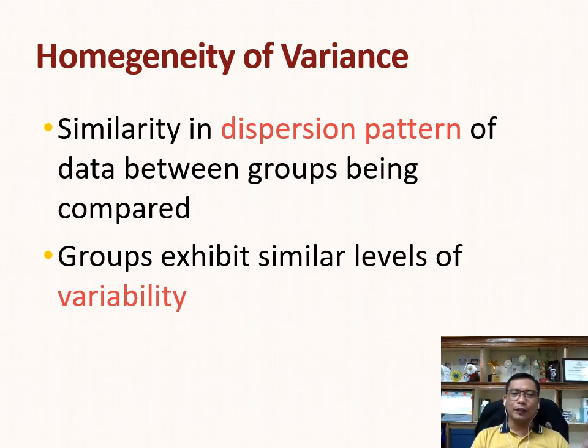Now we also try to talk about homogeneity of variance. One general consideration is normality, and you would be looking into the skewness and the kurtosis. Those are two things under normality of distribution. Another is homogeneity of variance. It talks about similarity in dispersion pattern of data between groups being compared.